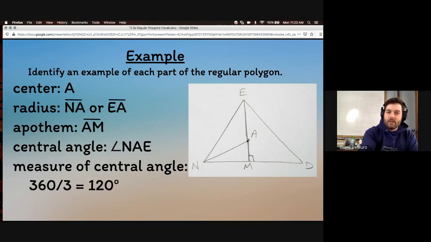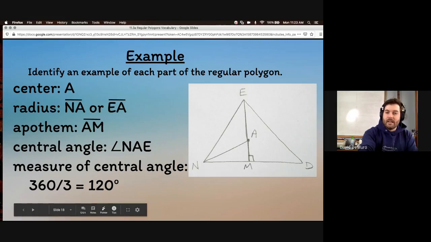The central angle has to be formed by two radii, so angle NAE. This angle in here is a central angle. And then the measure of that central angle is 360 divided by the number of sides. So there's 1, 2, 3 sides, and 360 divided by 3 is 120 degrees. So this angle in here has a measure of 120 degrees.